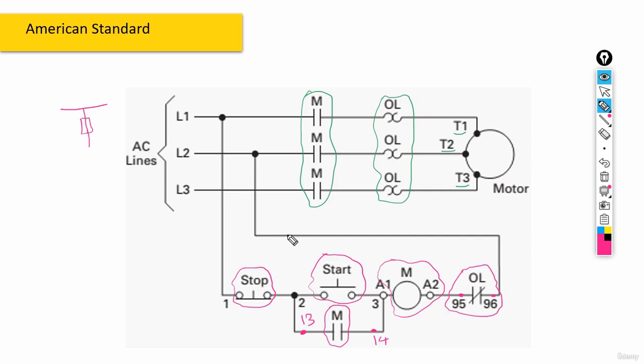Let me set this here as the fuse, then the normal closed contact of the bimetal, after that the stop push button, then the start push button, after that the bobbin, A1 and A2, and the null. And then here, contacts with numbers 13 and 14.